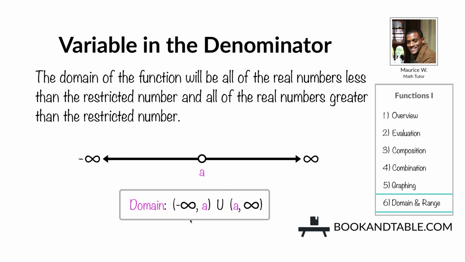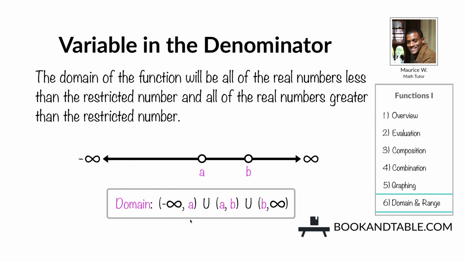But as we saw earlier in the chapter, the domain may be restricted by several numbers. So if there were a second number, for example, this then creates 3 unique intervals. So the domain would represent that. The first interval, union, the second interval, another union, and then the third interval.